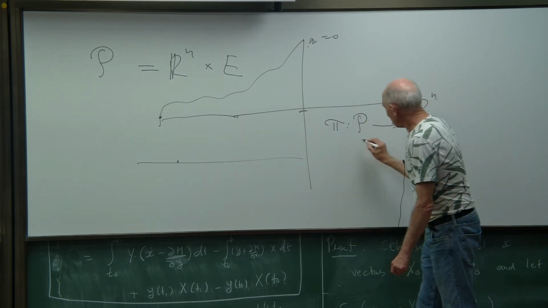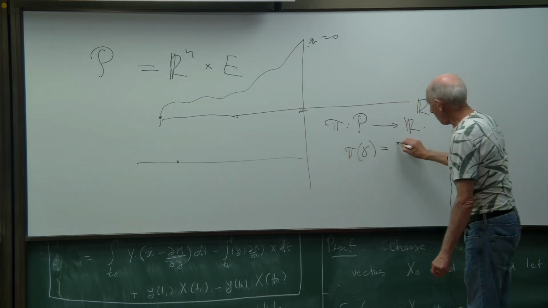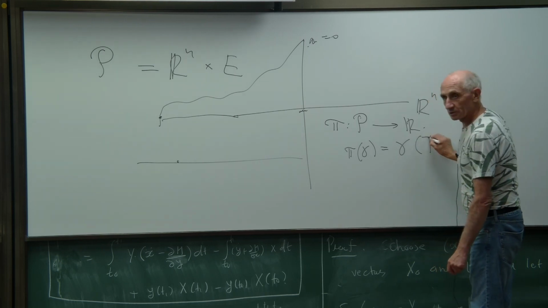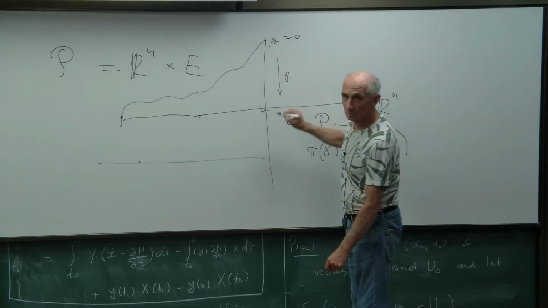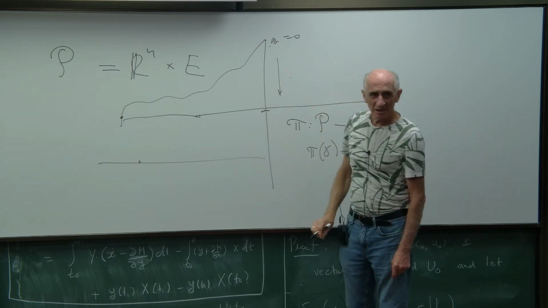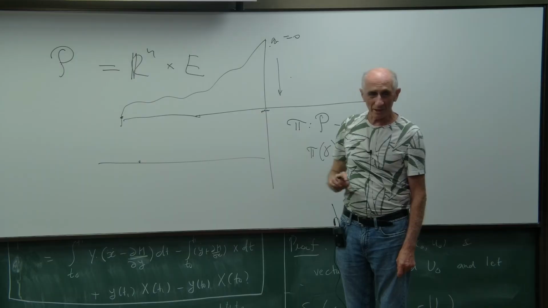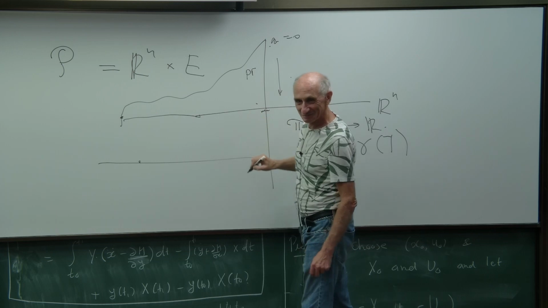You take gamma at endpoint T, and this projection to the 0 section, I call it PR, a short form, since P and pi are already taken.